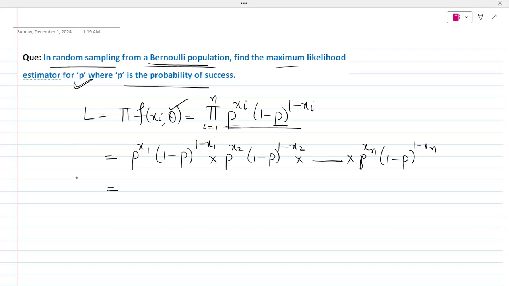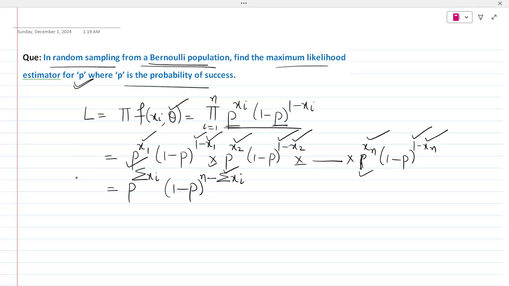So now it is p raised to power summation xi. Why so? p^x1 into p^x2 and so on up to p^xn means p raised to power summation xi. And for 1 minus p, here it is 1, here it is 1, so total n times 1, and minus x1, minus x2, going on to minus xn, so it is n minus summation xi. So this is L.